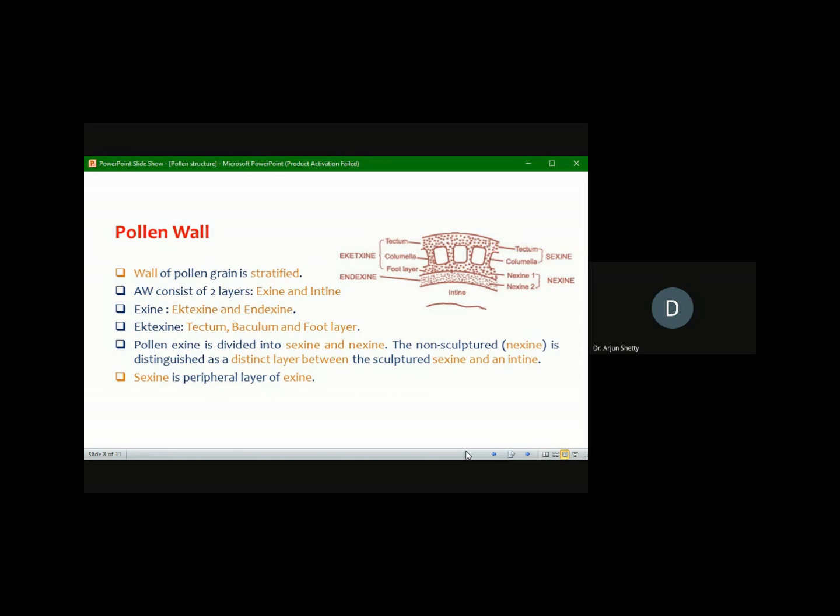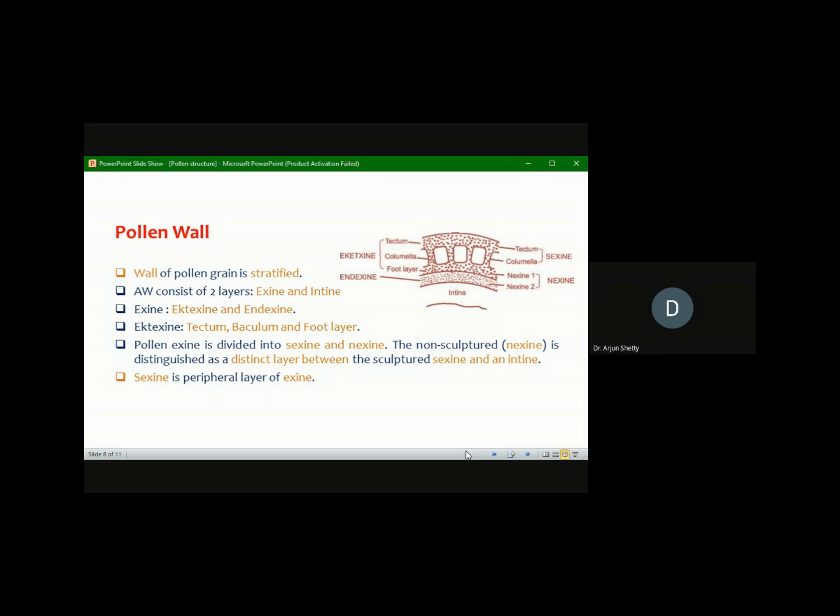Part of the nexine wall will be part of the ectexine. The sexine is the peripheral or outermost wall of the exine, and next we have the nexine, the layer found between the sexine and the intine. Together, sexine and nexine are considered the exine. Is that clear? Should I repeat anything here?